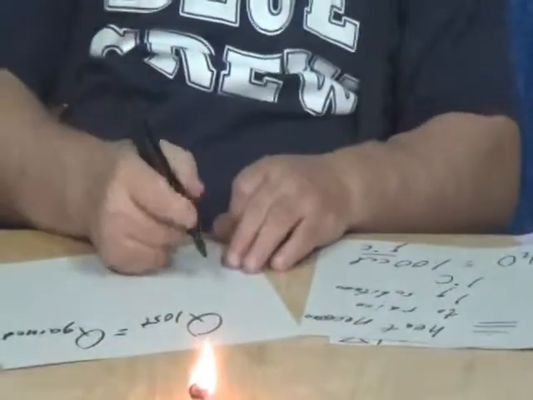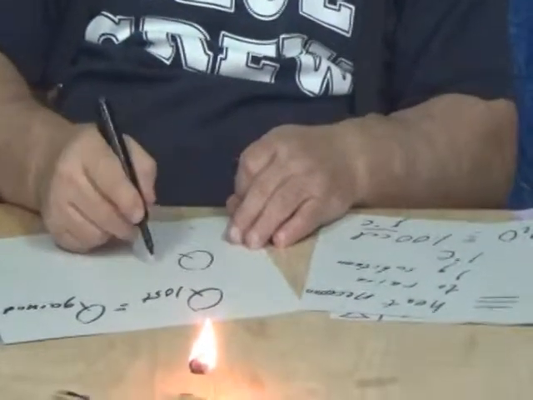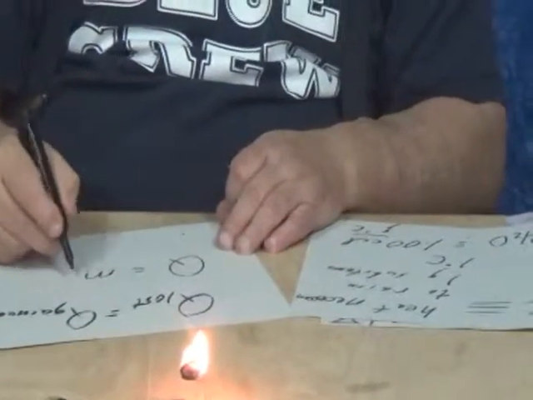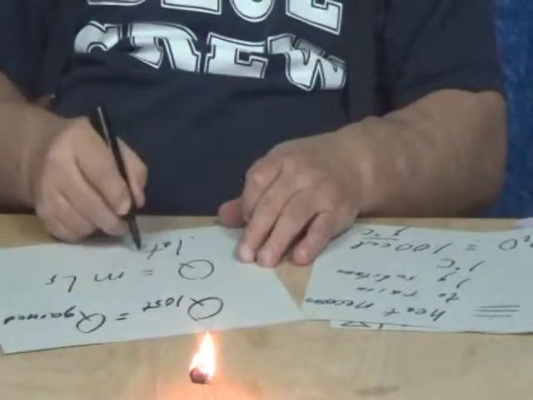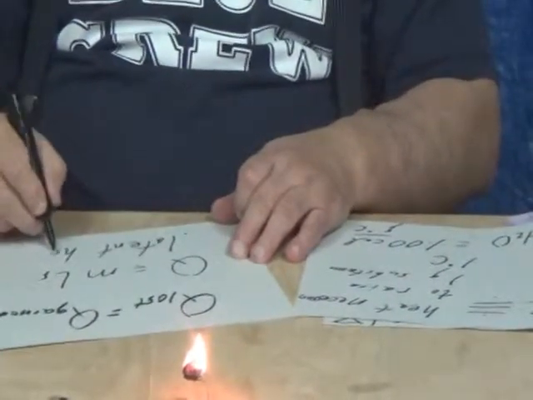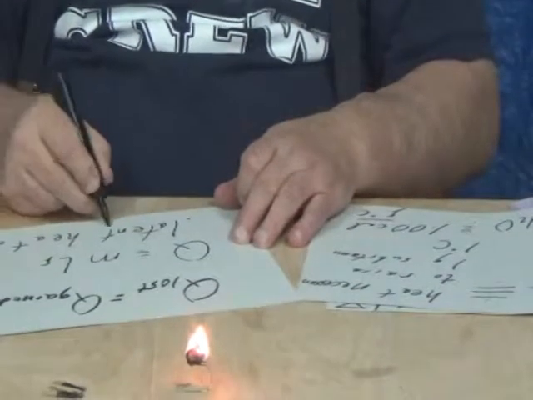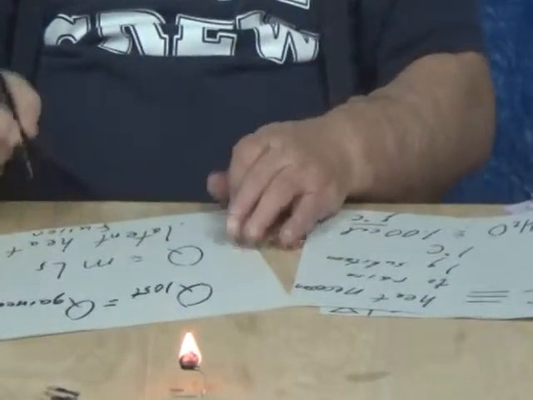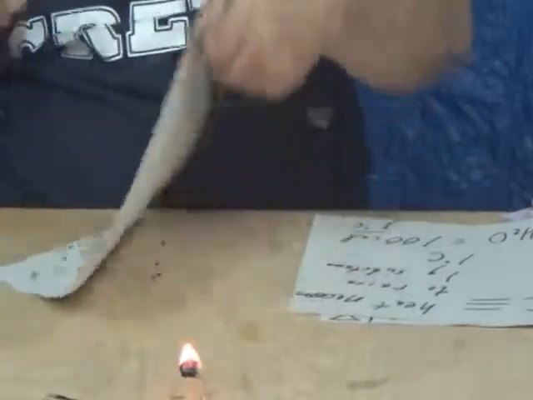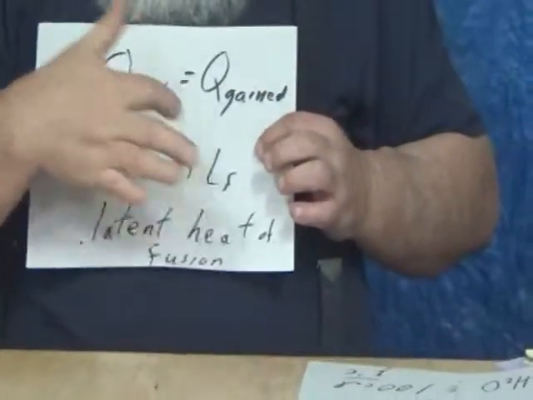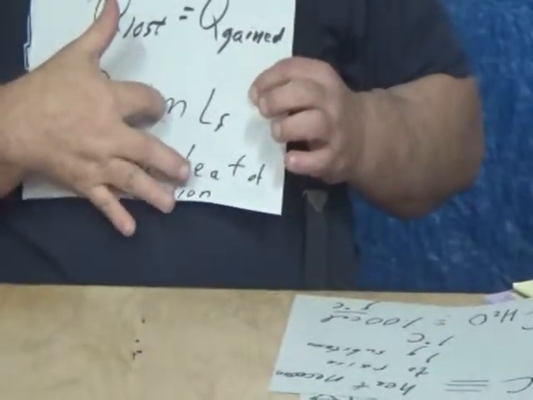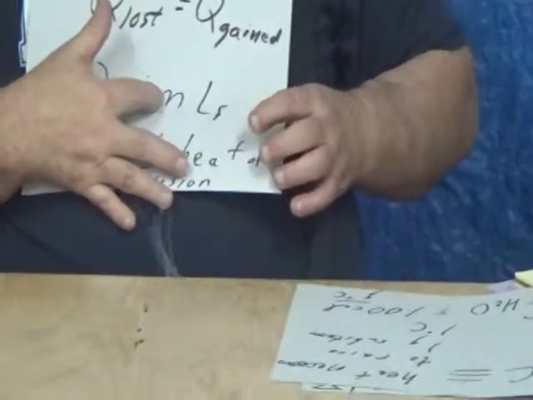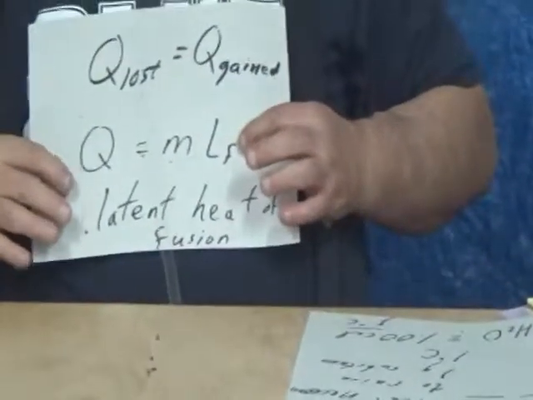And then we have one more equation, and that is where Q equals mL sub F. Amount of heat, mass, in this case now, of the object in the latent heat of fusion.